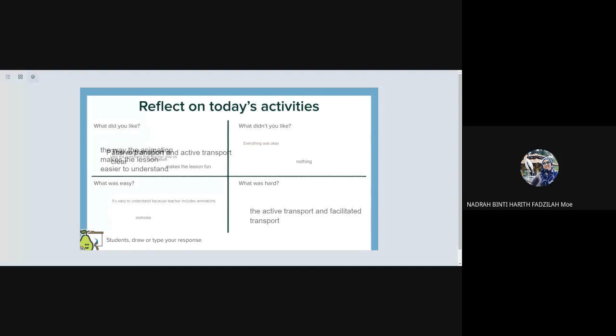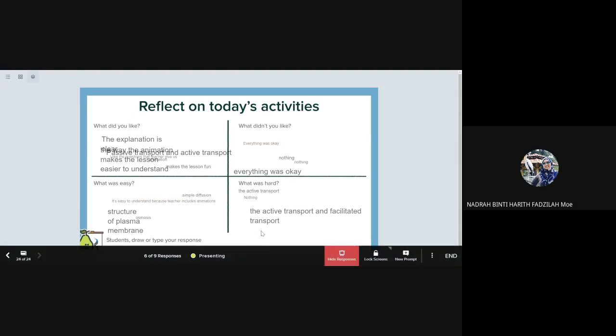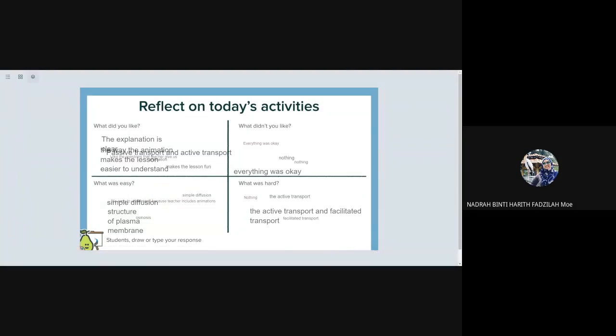And then for each type of transport, we have discussed a specific example. For example, simple diffusion pada alveolus, facilitated diffusion pada villus, and active transport that occurs in the root hair cell. Okay, active transport and facilitated transport nak tengok balik ya. Okay, nanti saya cuba. And then we can see later, active transport in root hair cell ni penting sebab dia ada kaitan dengan osmosis. Tak ada active transport, osmosis air tidak berlaku pada root hair cell.